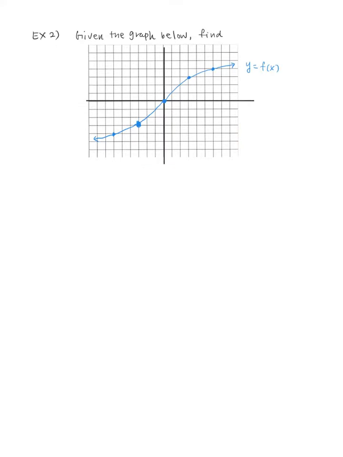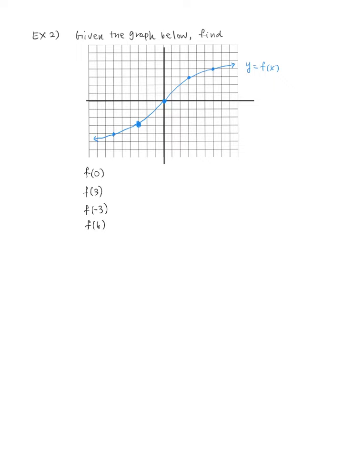Okay, let's take a look at something different. Example 2: given the graph below, let's find the values of f of 0, f of 3, f of negative 3, and f of 6. So f of 0 is going to give us the y value.